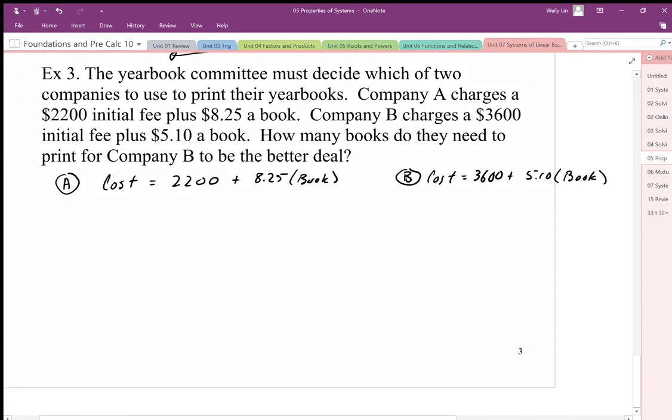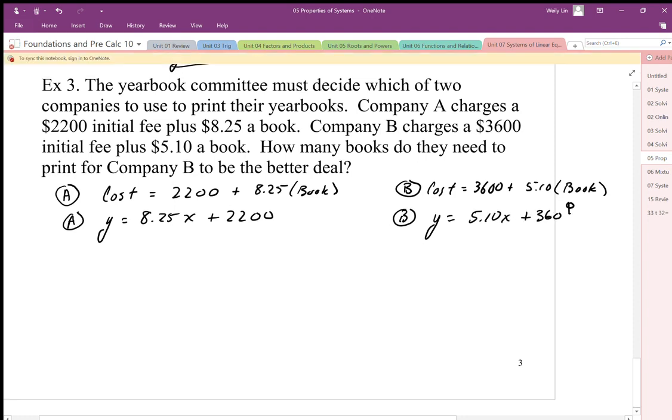Okay, so I'm going to write this into y equals mx plus b form. There's my slope, which is my rate in my equation. Equation 2, or b, is going to be y equals 5.10x plus 3,600.